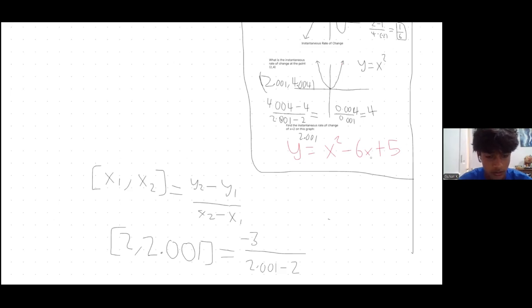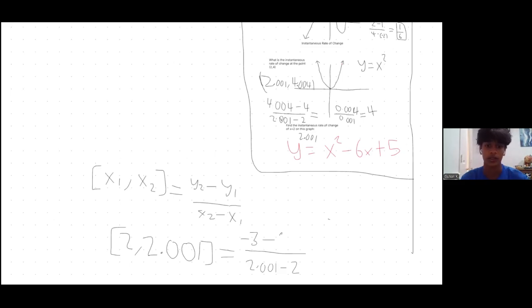And then we have 2.001. So 2.001 squared is 4.004. So 4.004 minus 12.006 plus 5, which is negative 3.002.